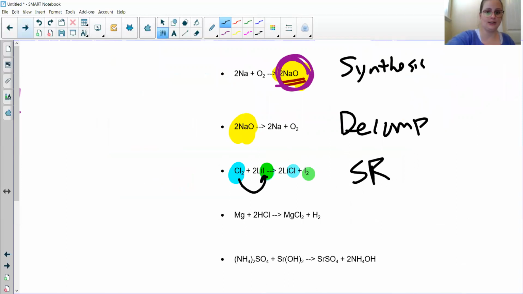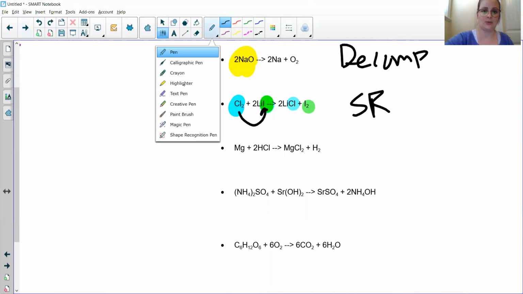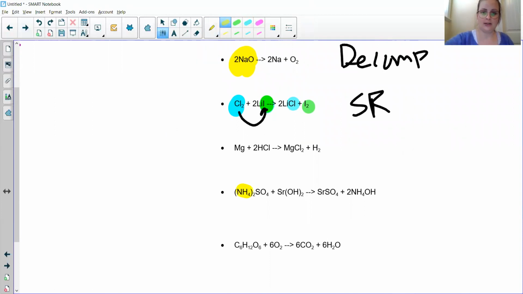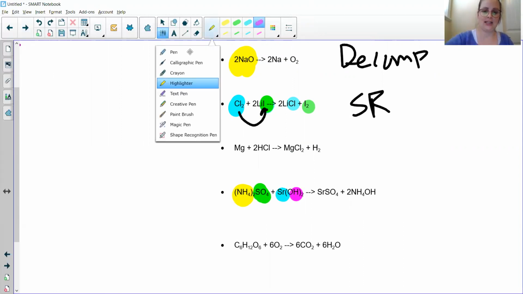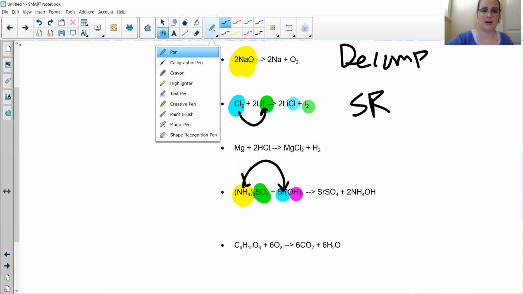So here is an example of double replacement. We have ammonium reacting with sulfate and strontium with hydroxide. And you can either look at it as the metals switching places or the other way, the non-metals switching places.